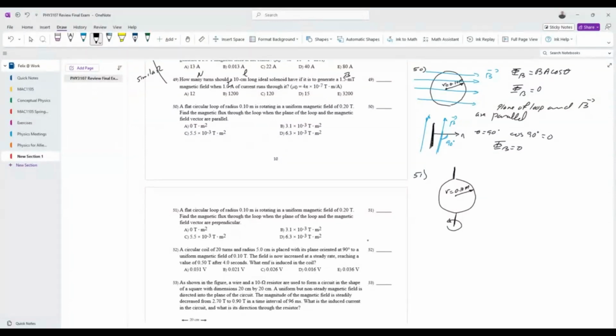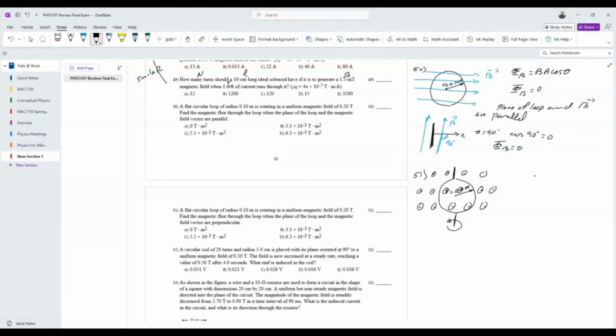When the magnetic field vector and the plane of the loop are perpendicular, that means that the magnetic field vector is either leaving the plane or entering the plane of the loop, right? They didn't specify any direction for the magnetic field, but we know that it's going to be something like this.